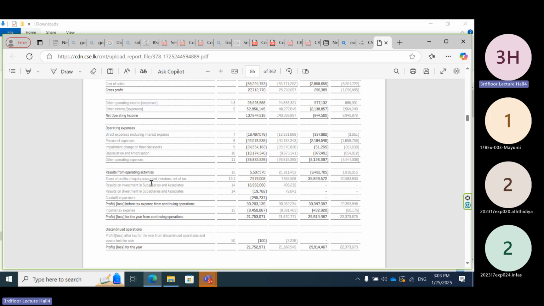Can you see this? Result on investment in subsidiary and associate. Result on de-investment in subsidiary and associate. At the year end, we have disposed, but we have a result. We need to recognize that, right?